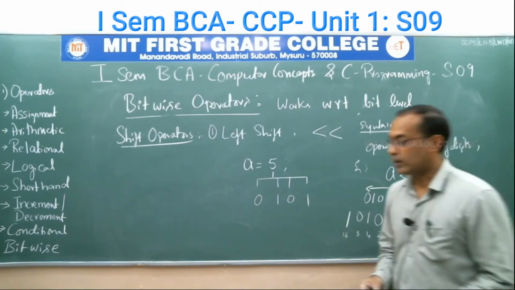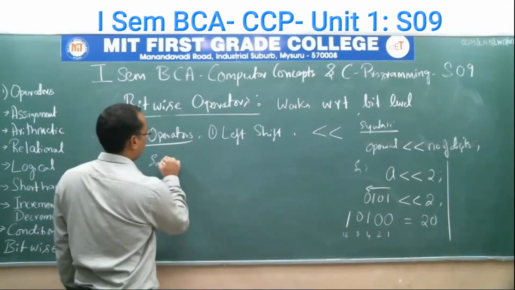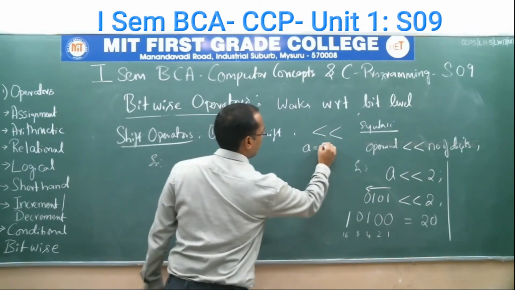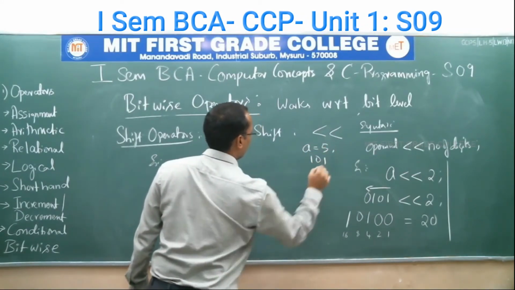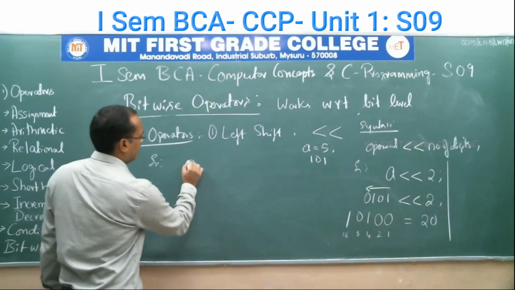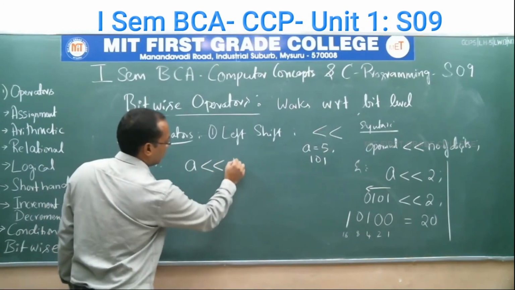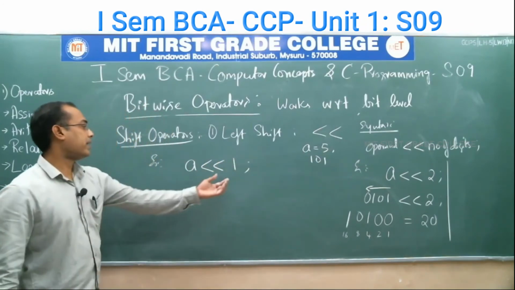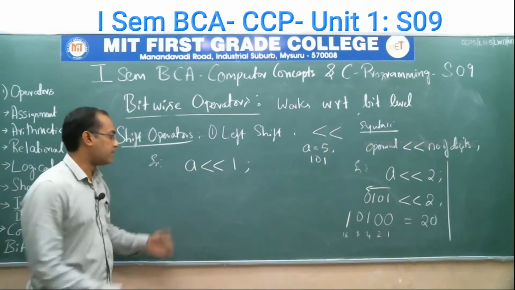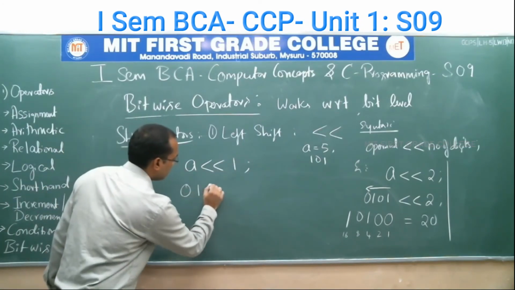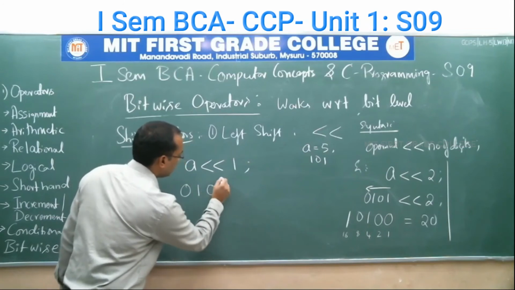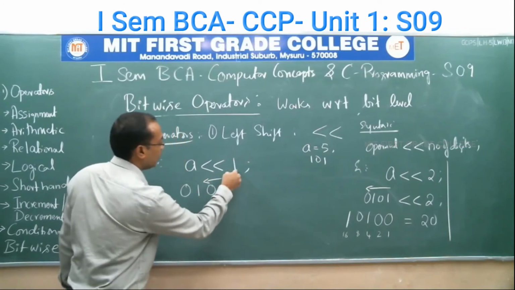Okay, we'll take one more example now. The value of A we are considering is 5, that is 1 0 1. A left shift 1. How many times do we need to shift now? Only once. We need to shift to the left side, only one time.